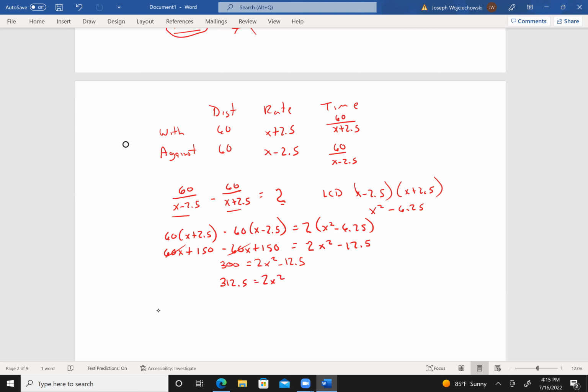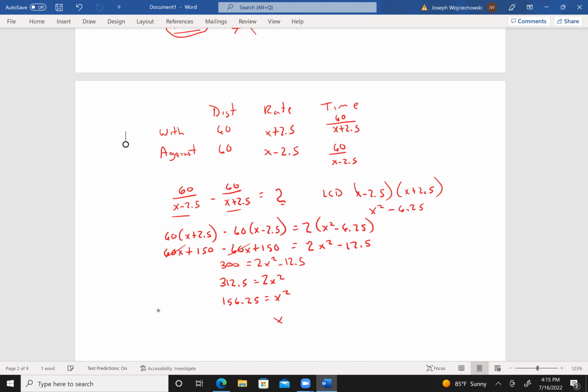Divide by 2, and I get 156.25 equals x squared. And then I need the square root of 156.25.